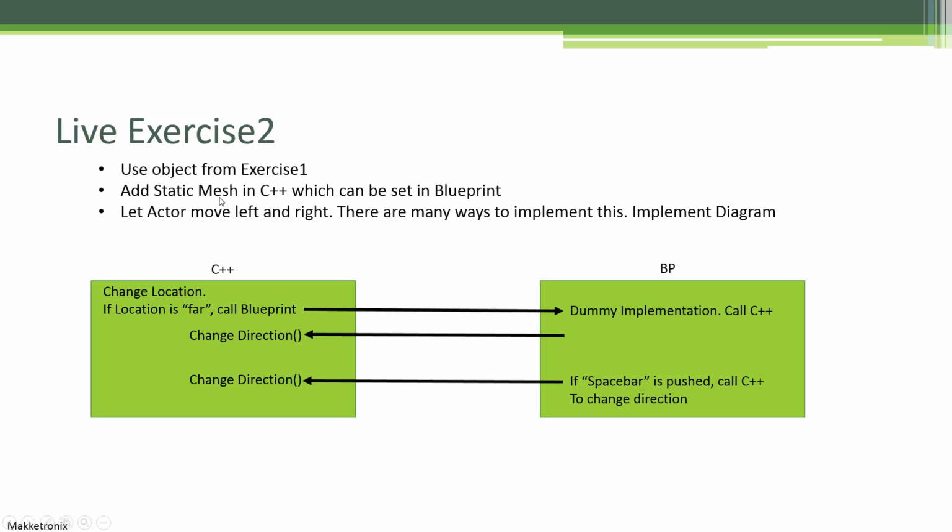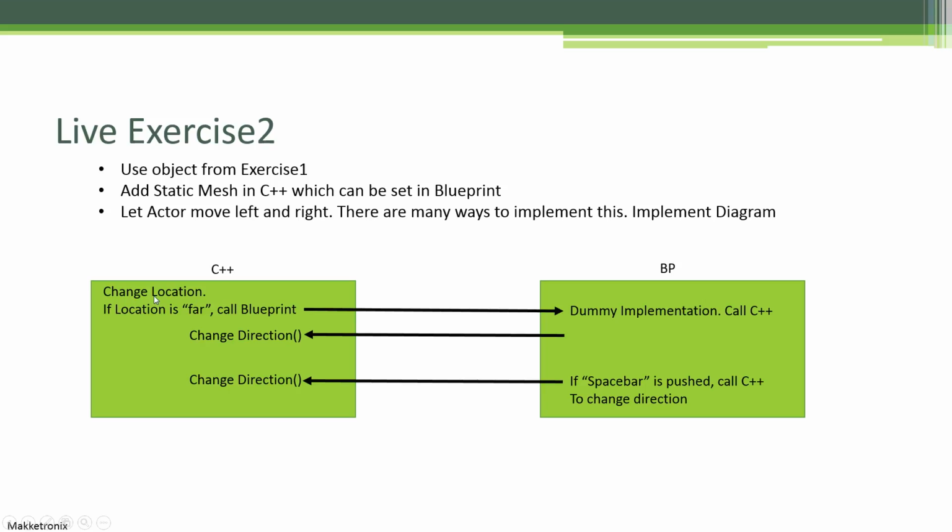We're going to refer to it in C++. And we're going to let the actor move left and right. There are many ways where we let the actor move left and right. Some are better than others. What I will show you here is not the best way, but it's a very good way to learn about how to integrate C++ and blueprint.